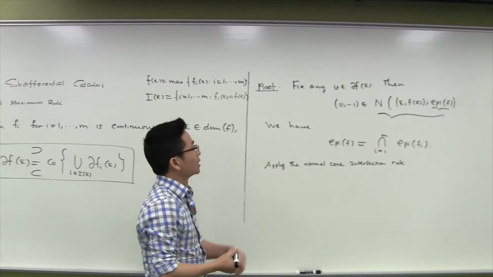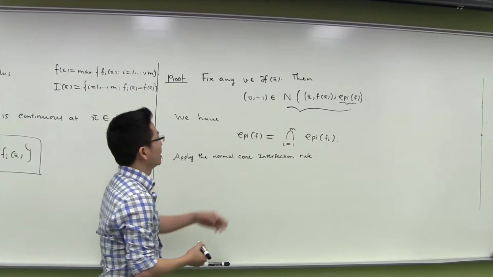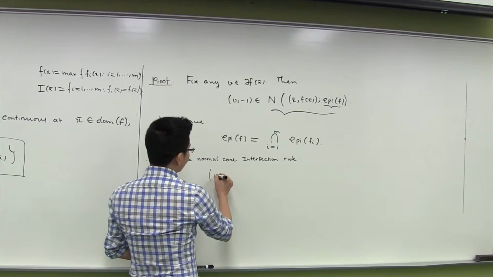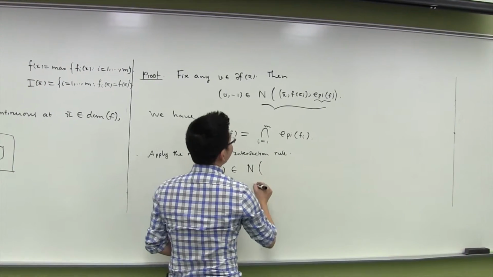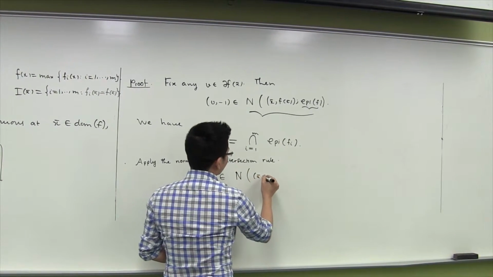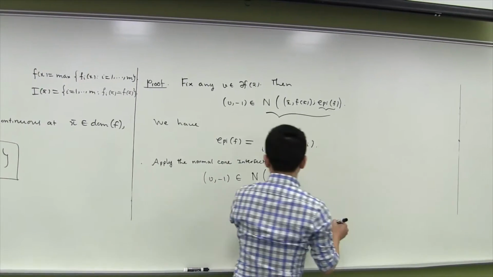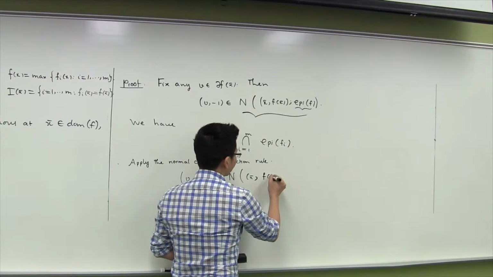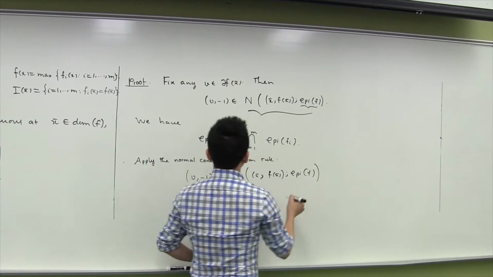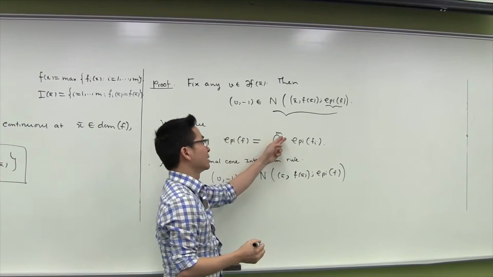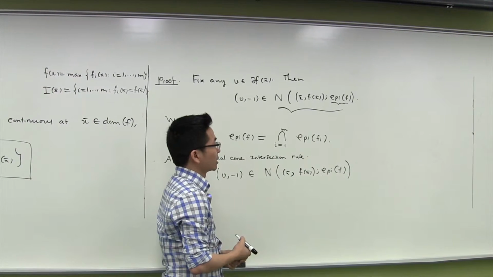Let us now apply the normal cone intersection rule in order to continue the proof. Now, because v minus 1 is in the normal cone to the epigraph of the function f at x bar, f of x bar, and the epigraph of the function is the intersection of the epigraph of fi, where i runs from 1 to m.